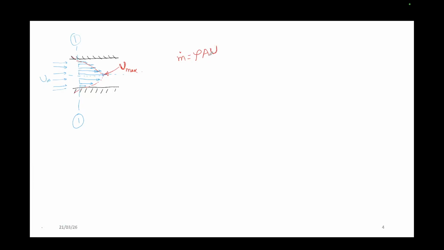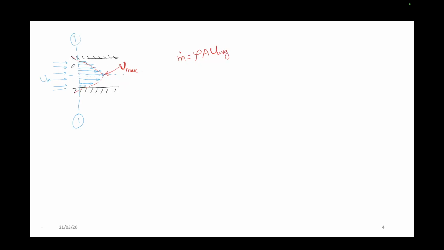So what is the u we consider in case of mass flow rate? Say it is a circular tube or pipe. In the mass flow rate, what area are you taking? You are taking the cross sectional area, right? And the u you are taking is the average u. So you need to find out this average u.